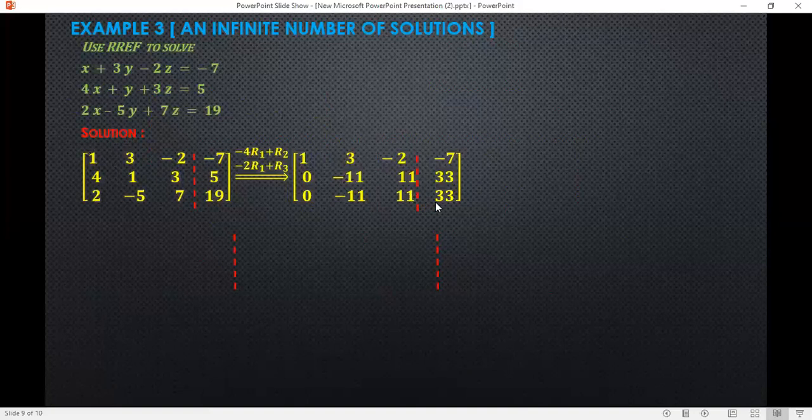You actually know the technique you can use to do these operations, and I'm not going to repeat what I said before in this example.